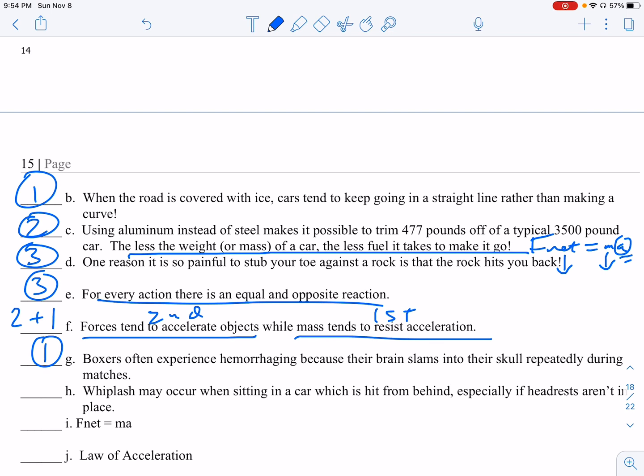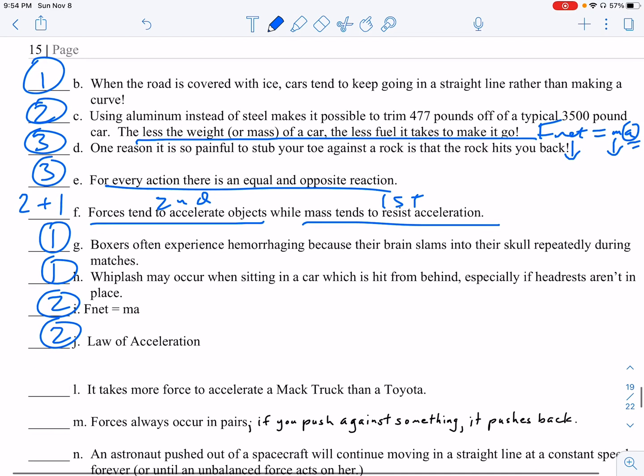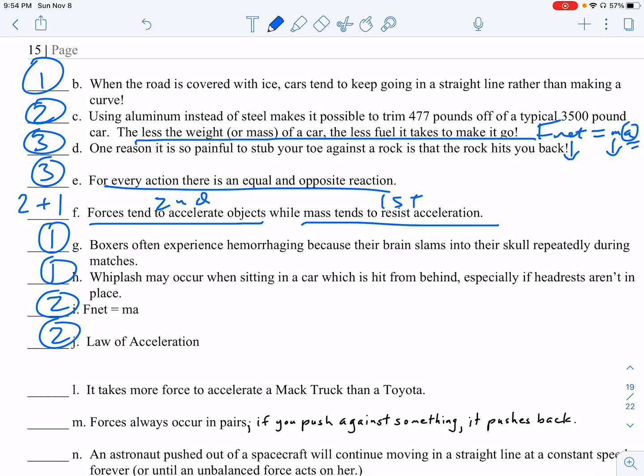Whiplash. Okay, same idea, but on your body. Your head, if it's not restrained by a headrest, we talked about that in class. That's the second law. That is the second law. Takes more force. Okay, F net equals ma. Second law.